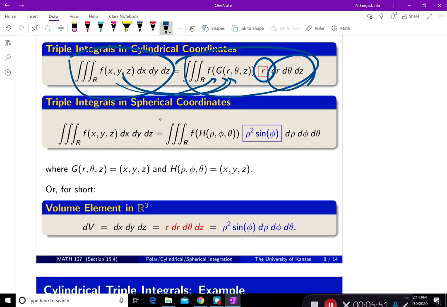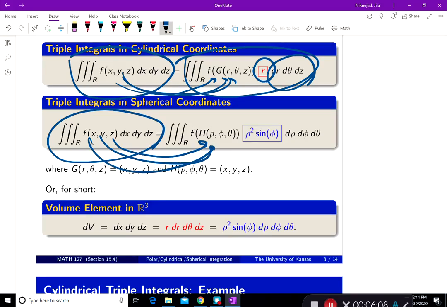Now, triple integrals in spherical coordinates. You again have a triple integral in the xyz coordinates. You do the spherical coordinate conversions for f, and then for dx dy dz, you write rho squared sine of phi times d rho d phi d theta in whatever order.